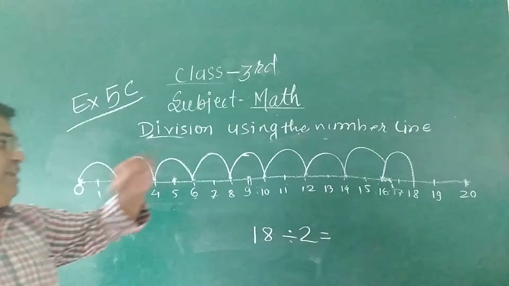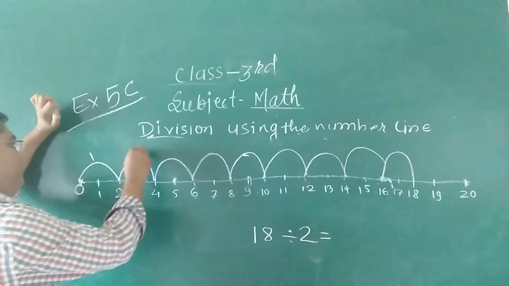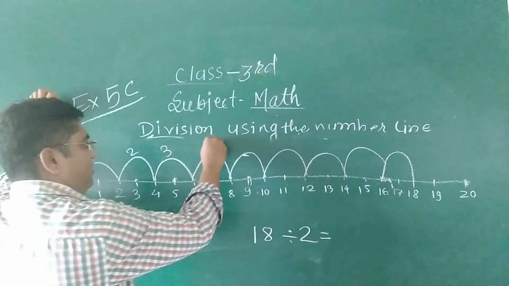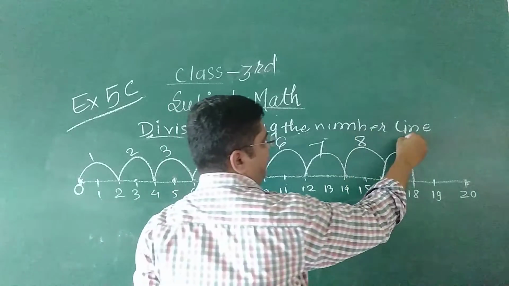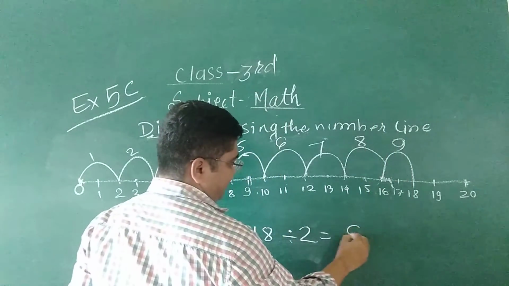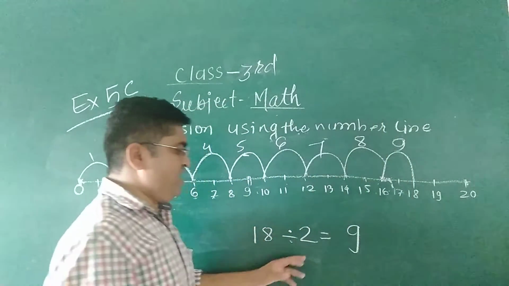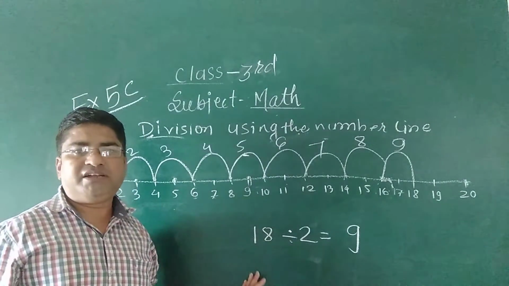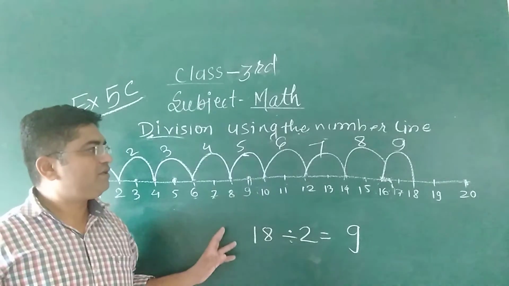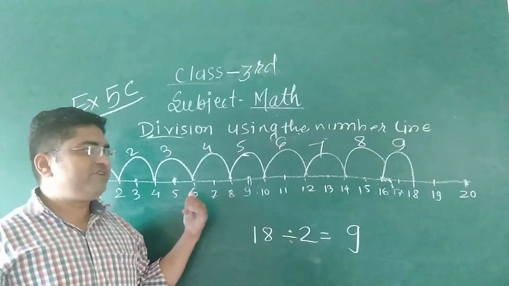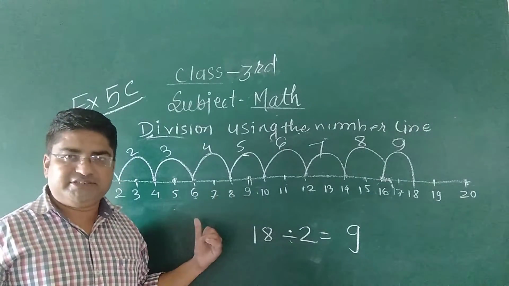Counting it: 1, 2, 3, 4, 5, 6, 7, 8 and 9. So what is our answer? 9. 18 divided by 2 equals 9. Got it?